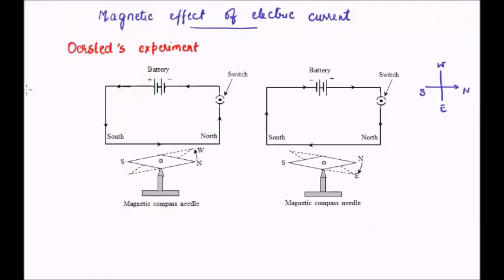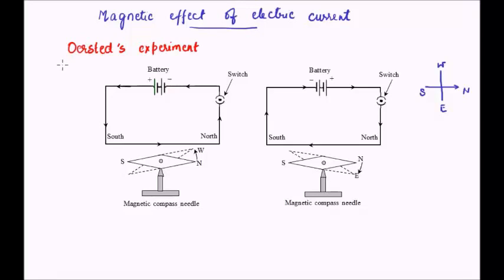Our discussion today will be focused on the magnetic effect of electric current, that is how the electric current results in magnetic fields and magnetic effect. To begin our discussion, we will see what's known as the Ørsted experiment.